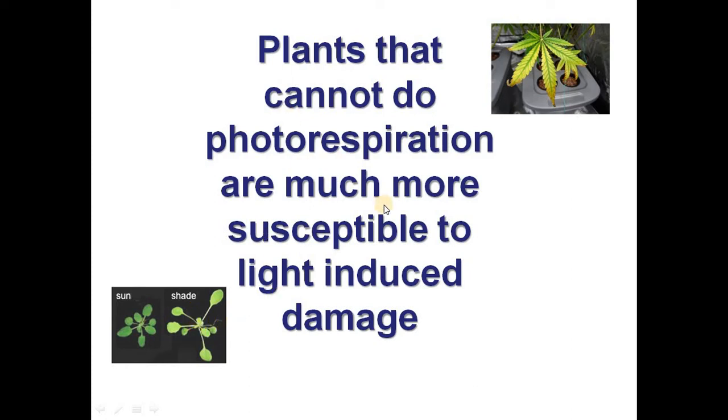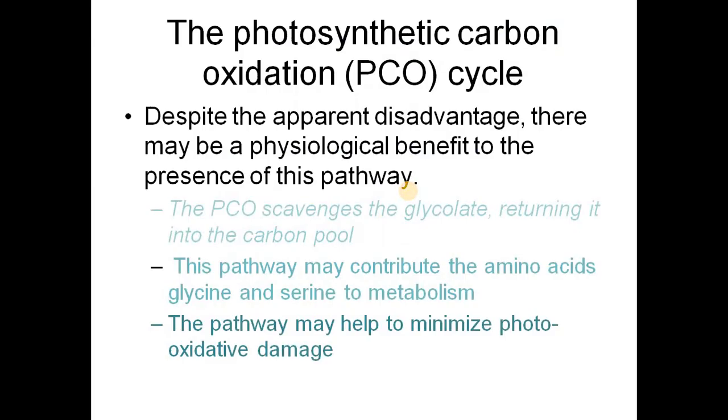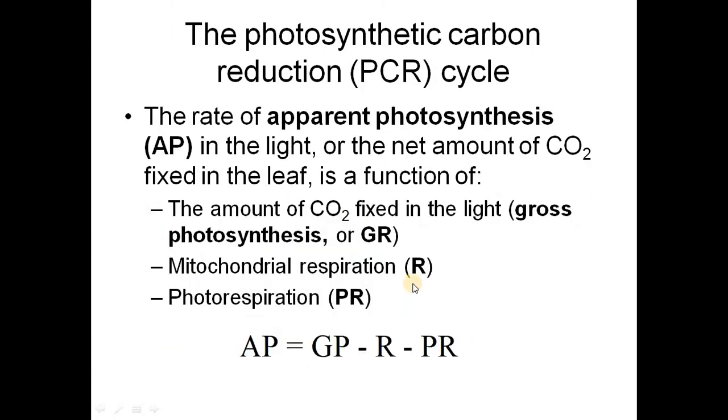So under low light conditions, Rubisco will start to twitch and start to accumulate and fix oxygen instead of carbon dioxide. The only good thing that comes out of this PCO cycle is that it is going to accumulate some of the amino acids, especially glycine and serine, into the metabolism, and especially, it is going to minimize the damage caused by the photooxidation.